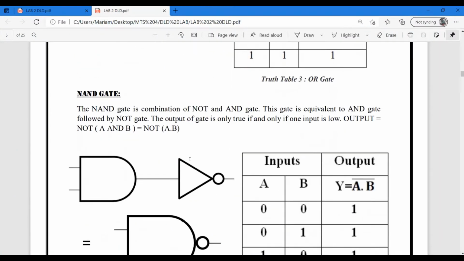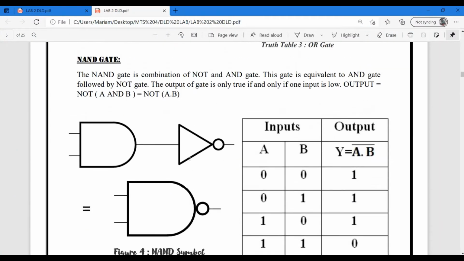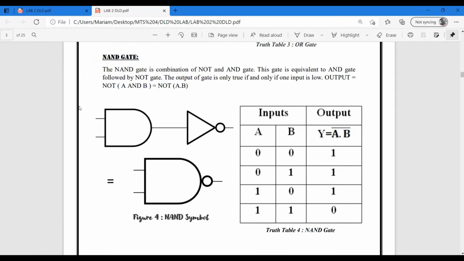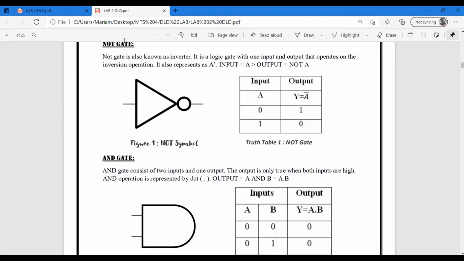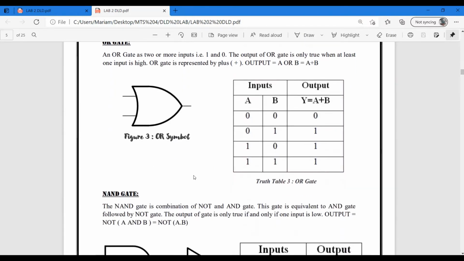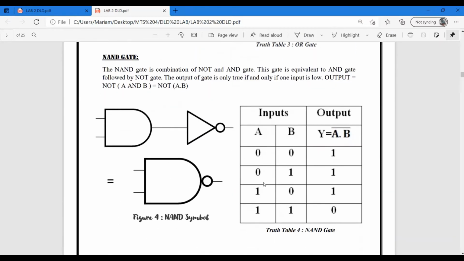Let's get into the further gate, NAND gate. NAND gate is actually the combination of two gates, that is NOT gate and AND gate. As we studied before, it is a combination of the AND gate and NOT gate, as whatever output the AND gate gives, the NOT gate gets the reverse of it.